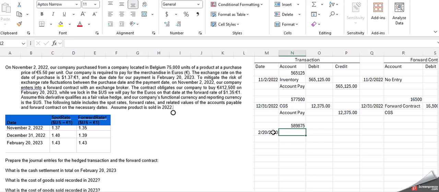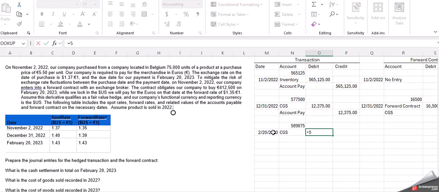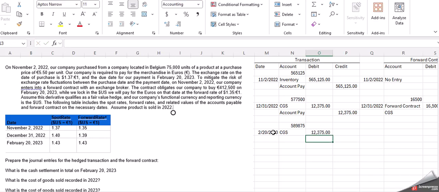So that's what we're really going to end up owing. So we're going to debit our cost of goods sold, again, for the difference: 589,875 minus the 577,500, what we adjusted it to at the end of the year. So it's another 12,375 increase, and then we're going to credit the accounts payable.